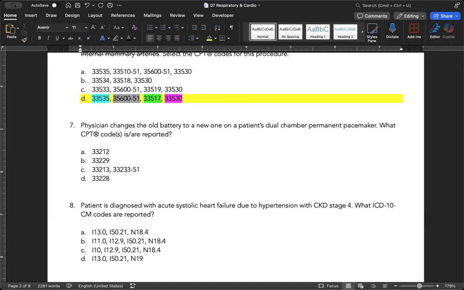Okay. So sorry, this is just insertion, right? So we're taking one out and we're putting one in. So the 33212 and then the 33213 are ruled in, right?